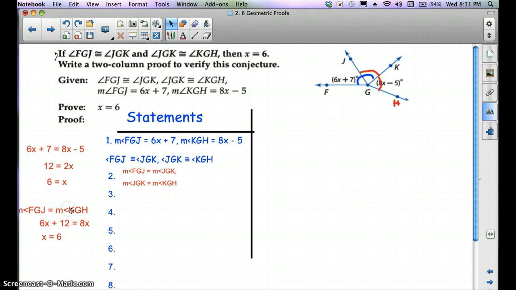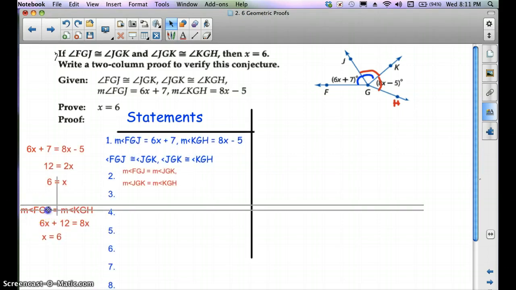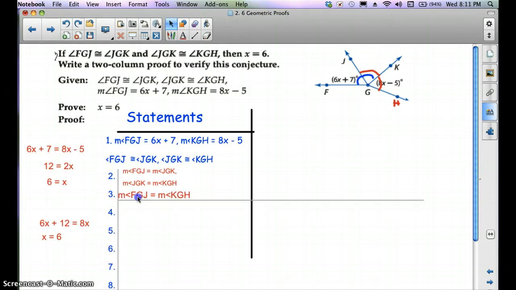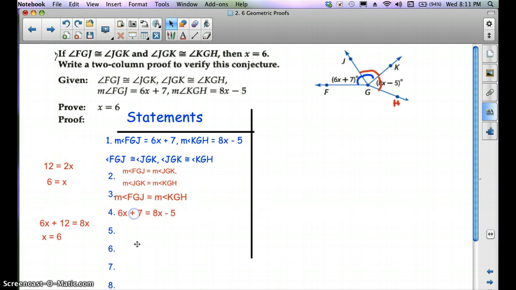All right, so that's what we do. Then from there, what I would do is go ahead and say that these two angles are equal to each other. So now let's go ahead and substitute that in. What do we have over here? We have 6x plus 7 equals 8x minus 5. I'm just plugging those in.